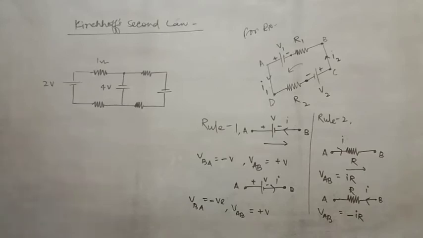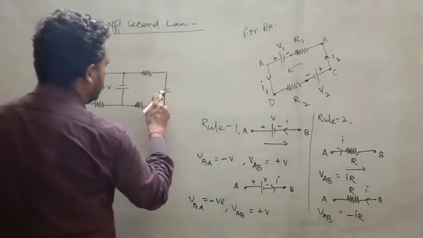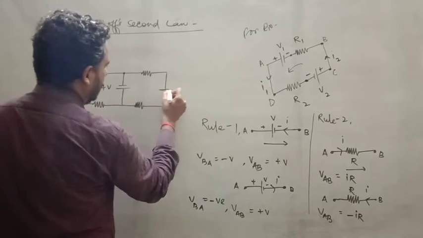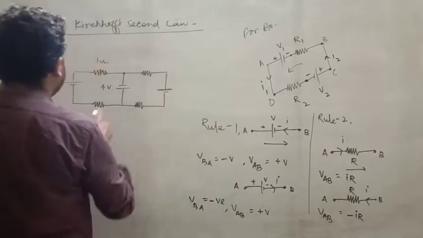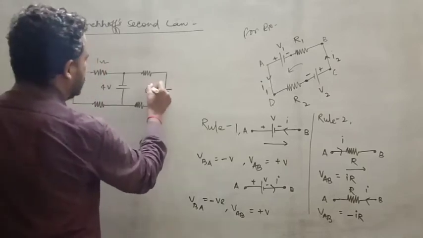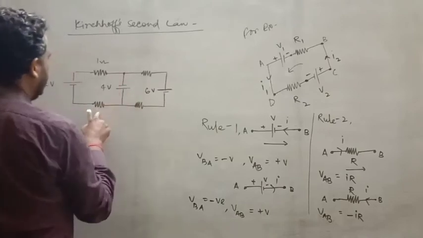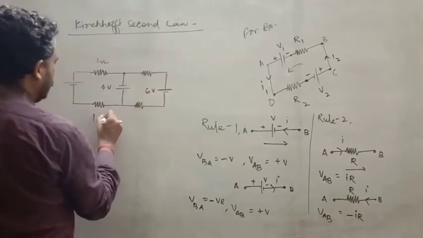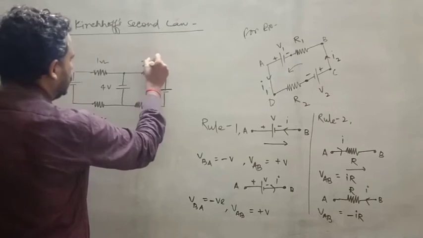You just change its direction. So 2, 4, suppose this one is 6 volt, 1 ohm, this one is also 1 ohm, 2 ohm, and this one is 2 ohm.